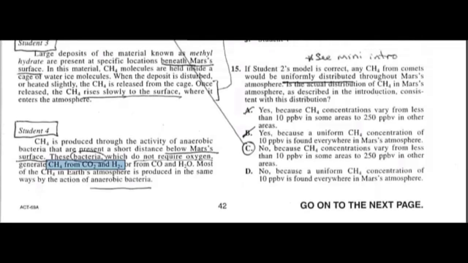So we come up here, we look for an answer choice that says CH4 is created from CO2 and H2. The only answer that says the exact same thing, CH4 from CO2 and H2, is answer choice B.